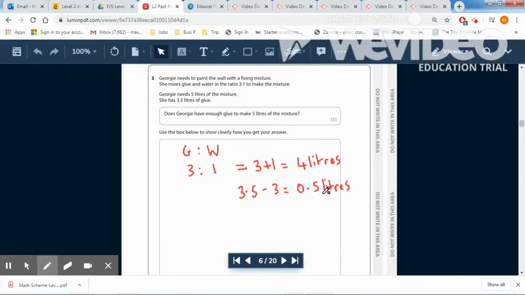So I want to make as much mixture as I can with what I've got left. If I'm looking at the same ratio, but now I've got 0.5 litres of glue, if I divide by 6 from my original ratio, that's what I'd have here. And if I do that to one side, I have to do it to the other.